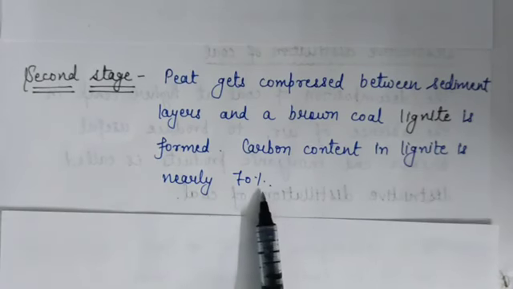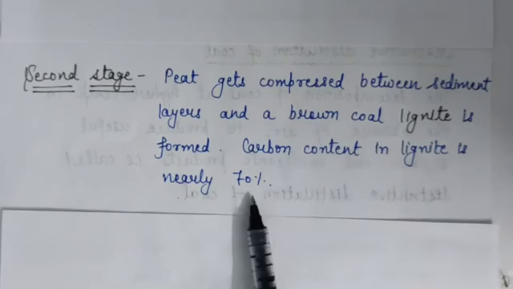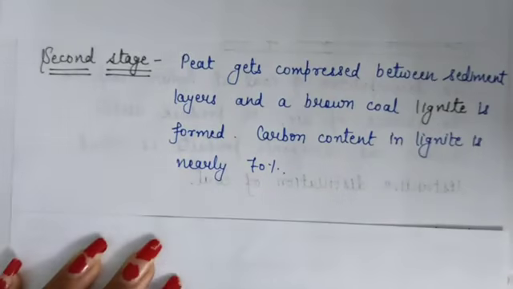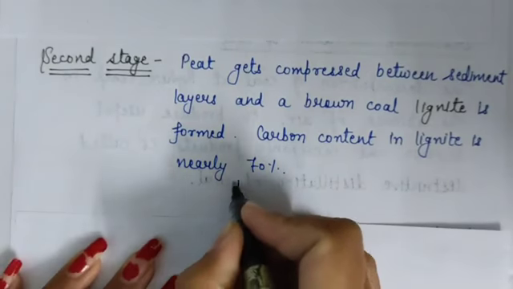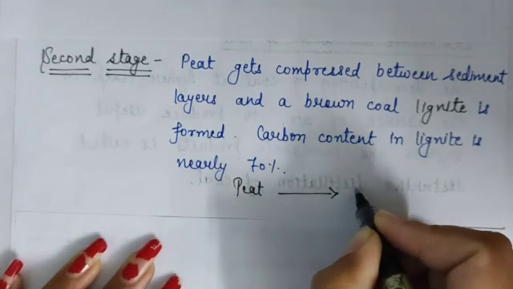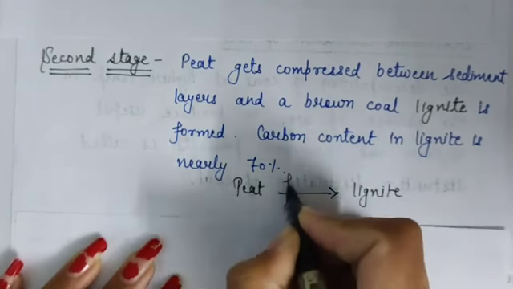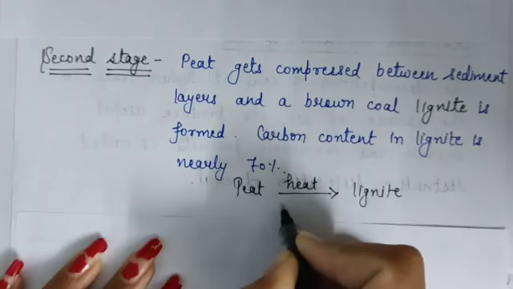This brown coal is soft and can be crumbled. In this stage peat changes into lignite due to heat and pressure.